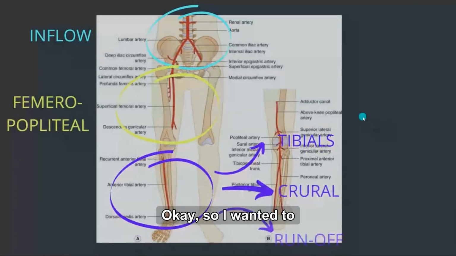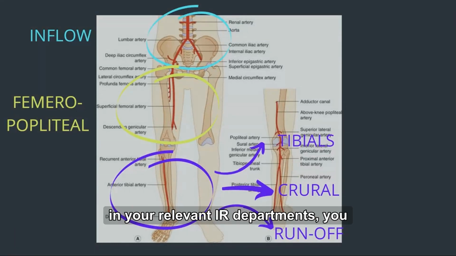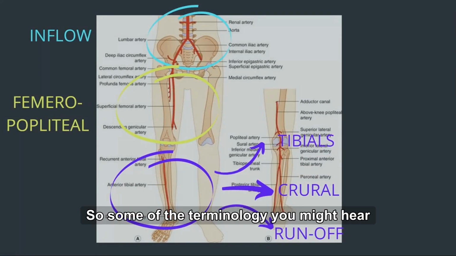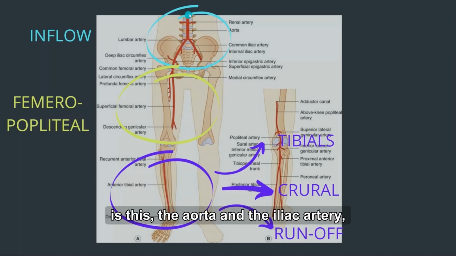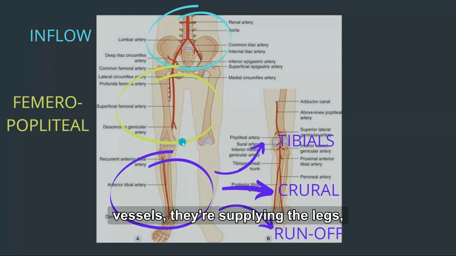Okay, so I wanted to gear this talk around just you guys when you go on your taster weeks in your relevant IR departments, wherever you are. So some of the terminology you might hear is this, the aorta and iliac artery, so aorta-iliacs. It's commonly known as the inflow vessels. They're supplying the legs.